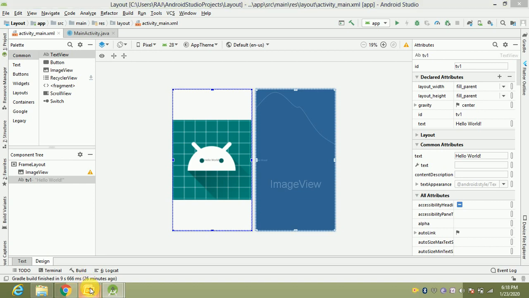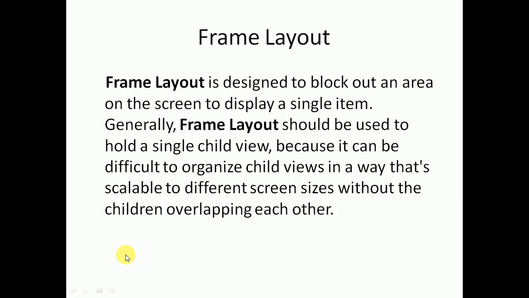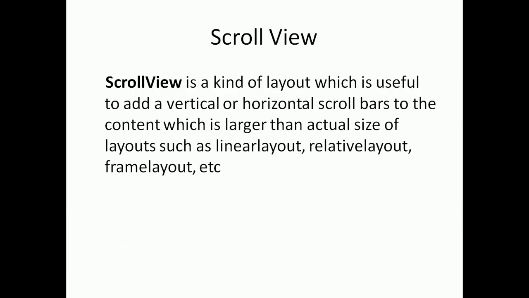Now come to the other layout. The other one is the scroll view. Scroll view is a kind of layout which is useful to add a vertical or horizontal scroll bar to content which is larger than the actual size of the layout, such as linear layout, frame layout, etc. When we have a large amount of data and we want to display that data on one screen, then we use scroll view.